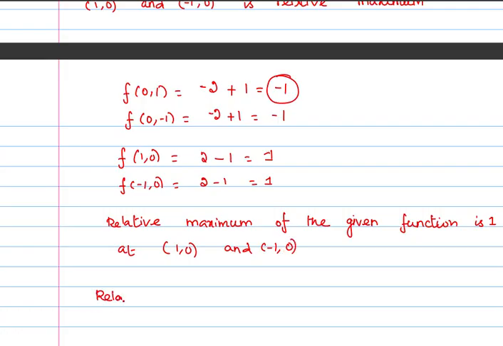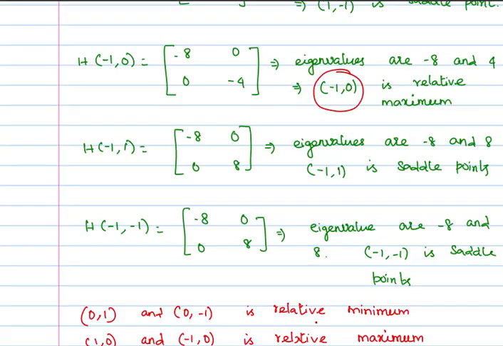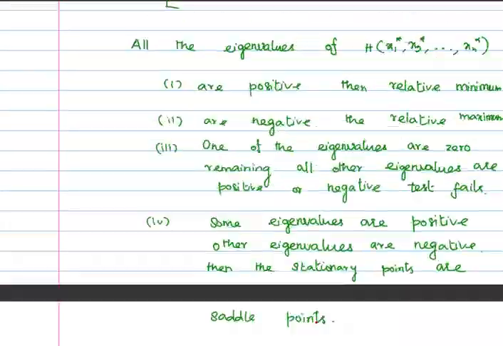Relative minimum of the given function is minus 1 at 0 comma 1 and 0 comma minus 1. Remaining all stationary points are saddle points.